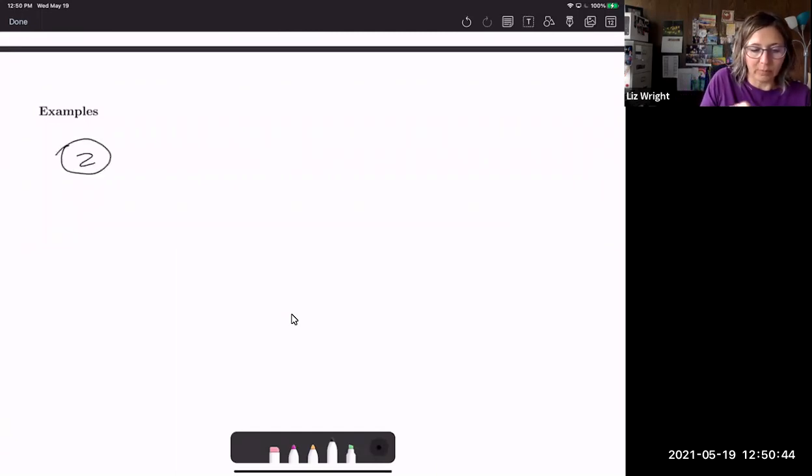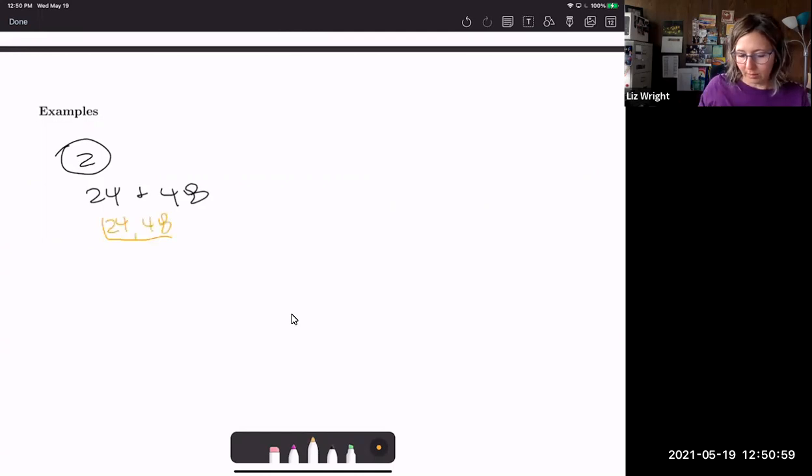So here's example number 2 of 24 and 48. So let's do our upside down division symbol, with the numbers separated by commas. You might say, well, looks like 24 would go into both of them. You could just jump to that if you want to.